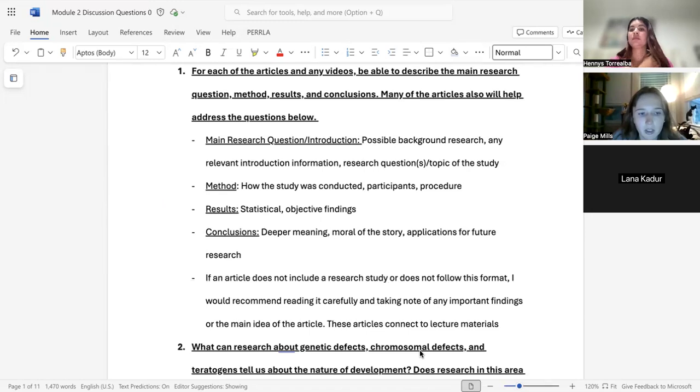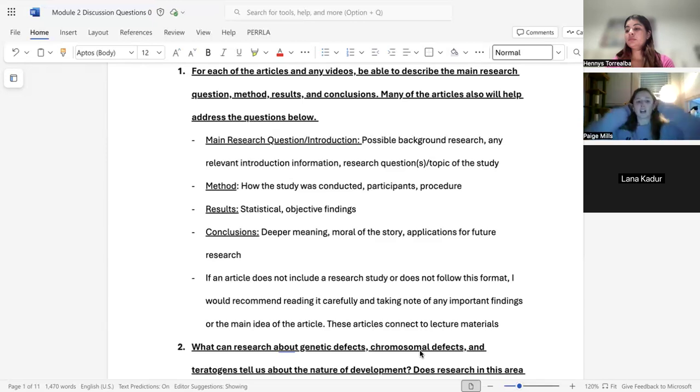When I took cognitive psychology with Dr. Sims, she recommended that we take note of the introduction or the main research question, the method, which is how the study was conducted, the participants, the procedure, the results or statistical findings, like numbers, and the meaning for future research.